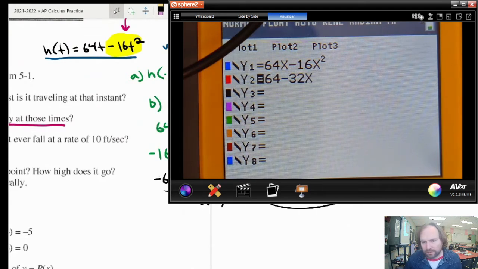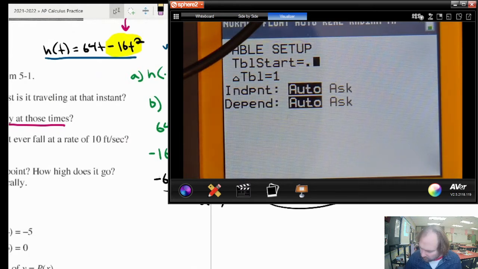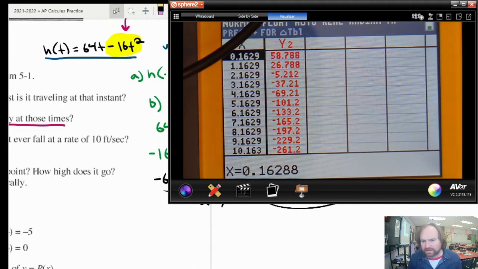I'm going to use the table function to do this. So I'm going to go into table settings and type in 0.16288. That'll start our table right there, and the velocity at that time is 58.788. That's the velocity in feet per second at that time.